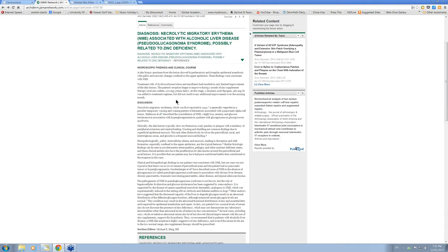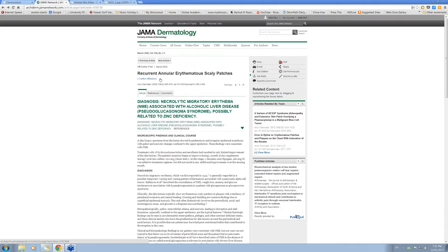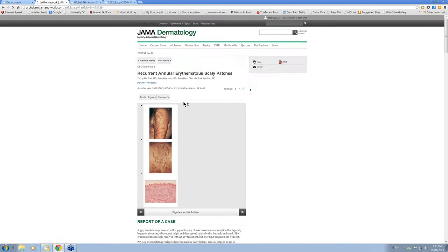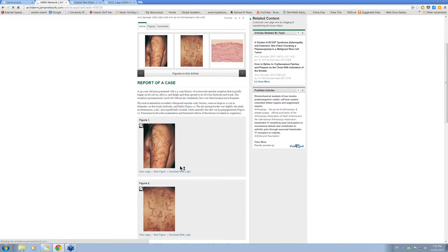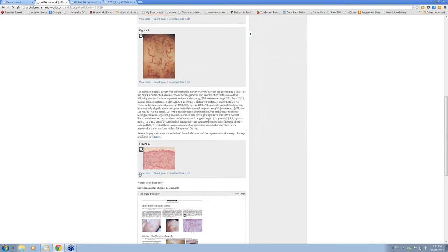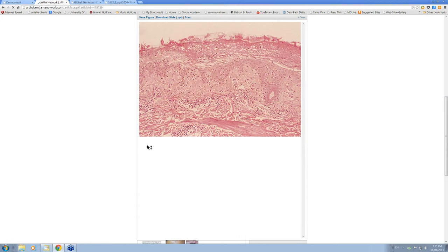Sorry, let me just give you that histopathology again, because this is an important one. It's another one that you might get thrown at you in your exam. Let me just bring this one up. Yeah, some of that clear cell change is occurring up here in the upper third of the epidermis.